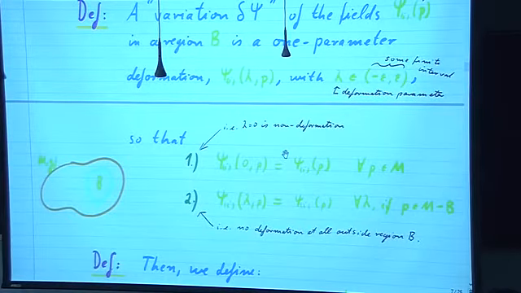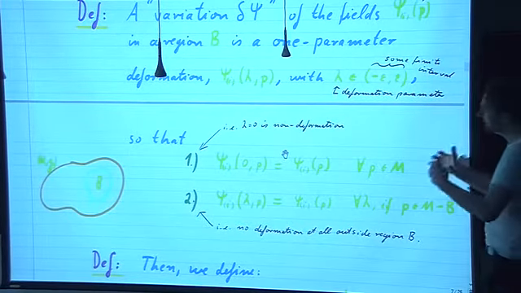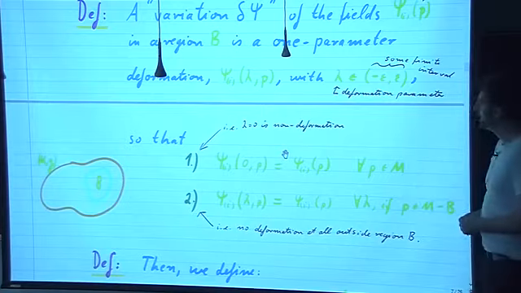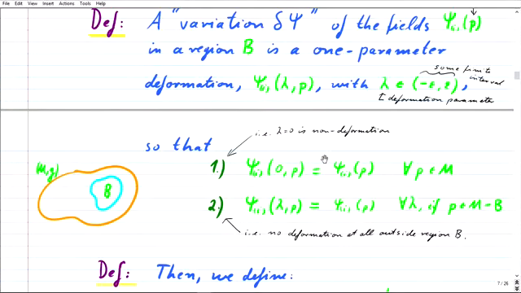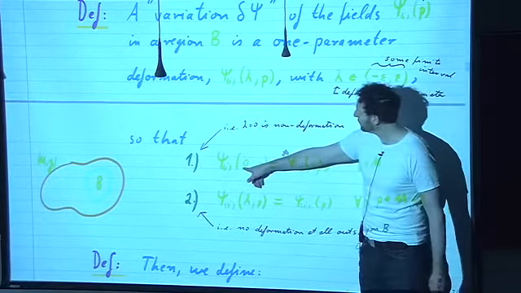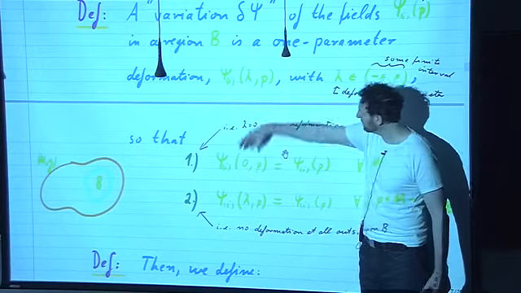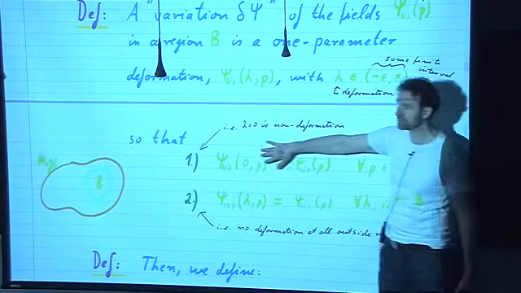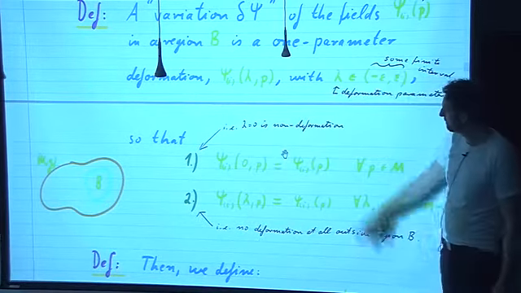Now we require of these variations, of these deformations of matter fields, to be such that they obey these two conditions here. One is that when the parameter lambda is 0, then we haven't done anything to the matter fields. We just leave them as they are.